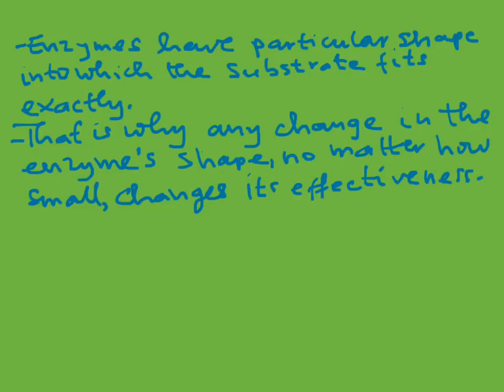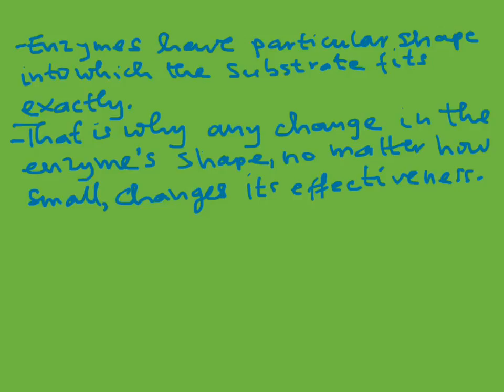Here we know that the site of the enzyme has a shape that is ready to accept a specific substrate. That shape, we know, is made up of a sequence of amino acids.